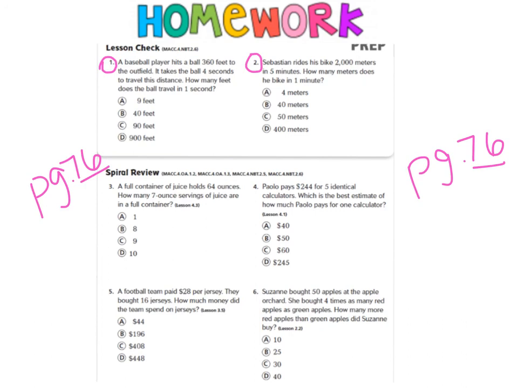So they want us to find out how many the ball travels in 1 second. So we're going to have to divide the 360 by the 4, and that will give us how many is in 1 second. And then for number 2, the 2,000 meters into 5 minutes will tell us how many is in 1 minute. So don't let that 1 second or 1 minute confuse us.